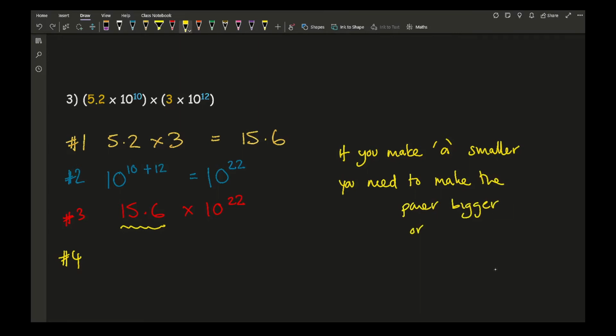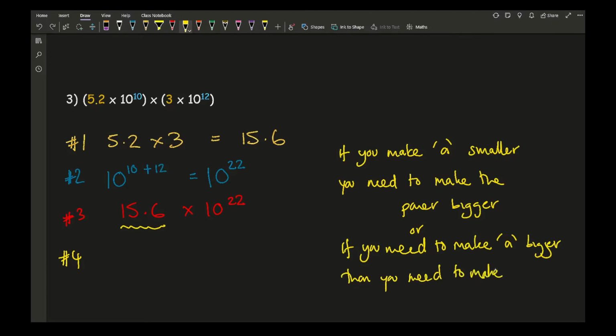And if you need to make A bigger, then you need to make the power smaller. And apologies for my handwriting, but that's an important step.